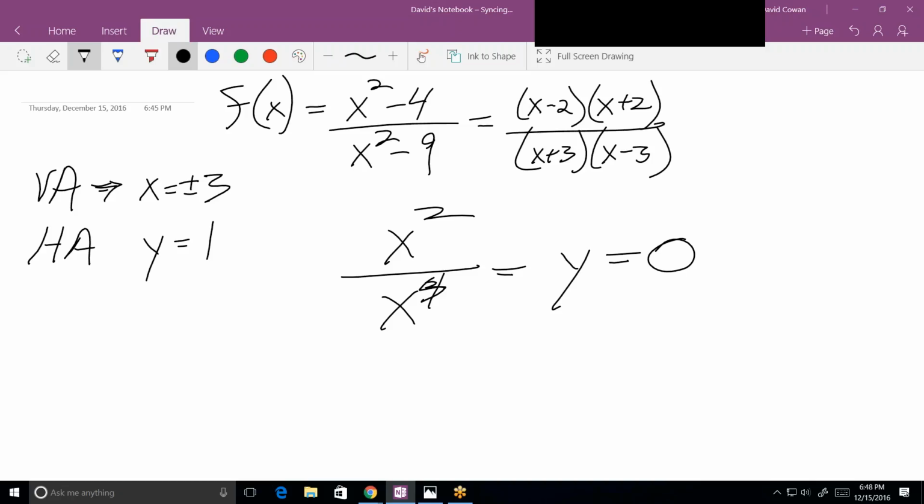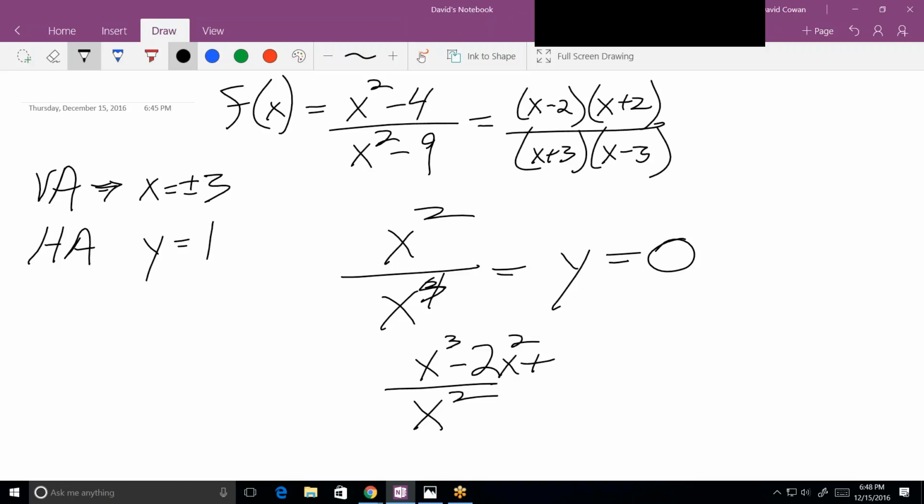And the third situation is where the top is precisely 1 degree higher than the bottom. That produces an oblique or a slant asymptote. Have you studied those? Yes. Okay. And the way you get the equation of that oblique asymptote is to do this division. Let's say it's x cubed minus 2x squared.